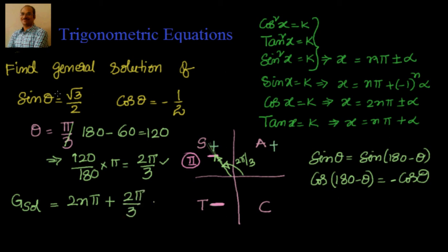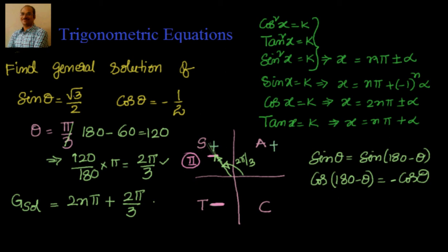So please remember, whenever you are given two trigonometric equations and asked to find a general solution, first find out in which quadrant both the conditions will be satisfied. In this particular case, sin is positive. We know sin is positive in first and second quadrant. Cos is negative. We know cos is negative in second and third quadrants. Both should be satisfied. It is possible only in the second quadrant.